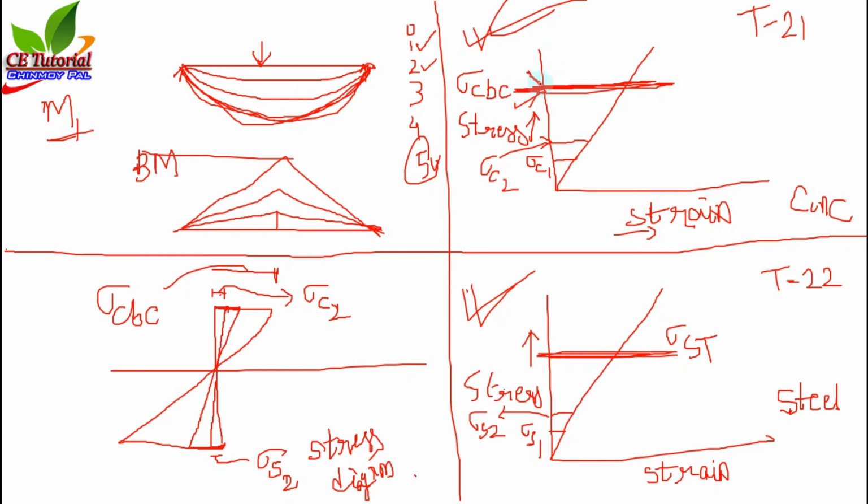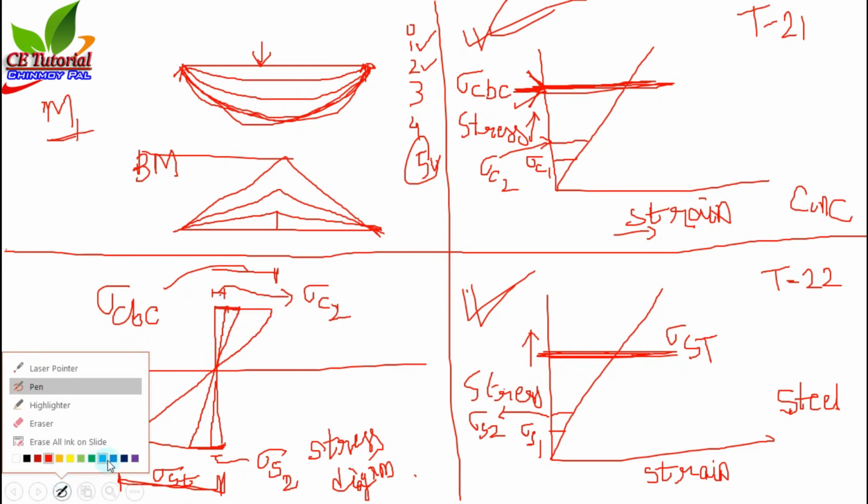So concrete reaches its ultimate stress sigma CBC, and steel reaches its, I should say, permissible stress sigma ST. Okay, so what is actually happening?